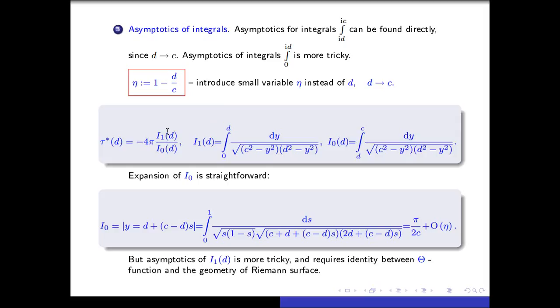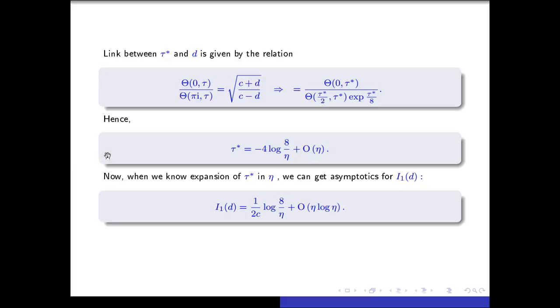In this formula we already know the asymptotics of I0, and next we have the following formula which connects the parameter tau and the parameter d, and hence the parameter tau star. And from this formula, since the series which represent theta functions are fast convergent, we can find the asymptotic expansion of this tau star in terms of d.